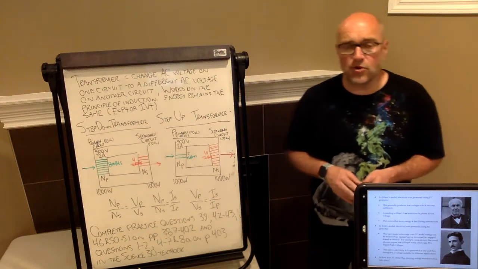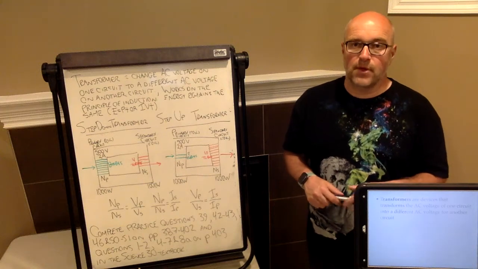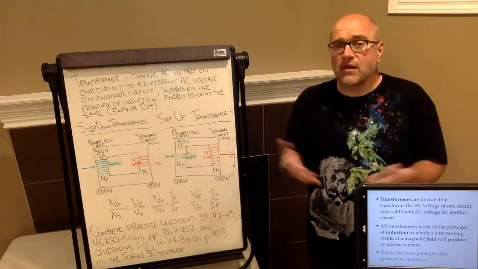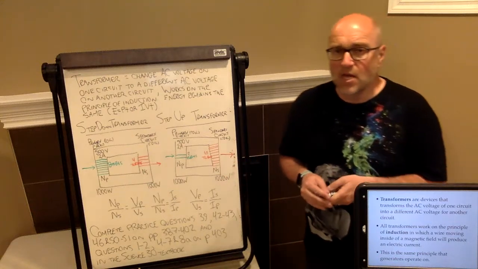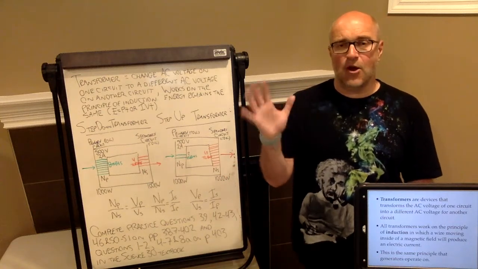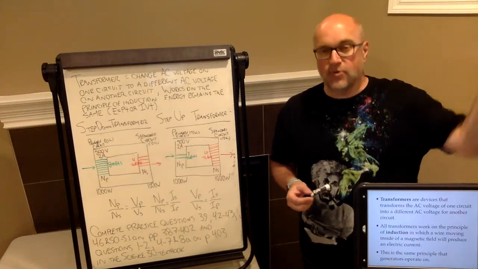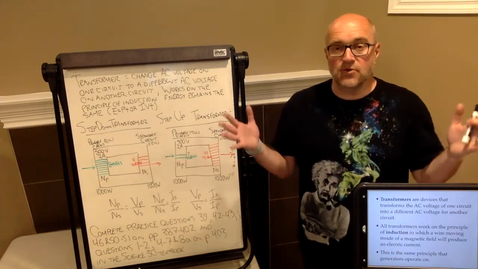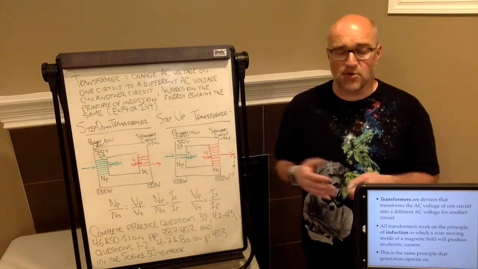You can't do it if you're using DC transmission. It will only work with the AC. So that's why we use AC for electrical transmission. If you watch that video about Tesla and Edison, you saw the whole thing about Edison had all those power plants that had to be like 2 kilometers away from each other because he would lose signal. We don't need to do that using AC with Tesla's version of electrical transmission.